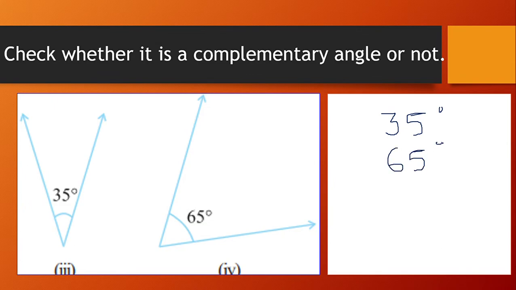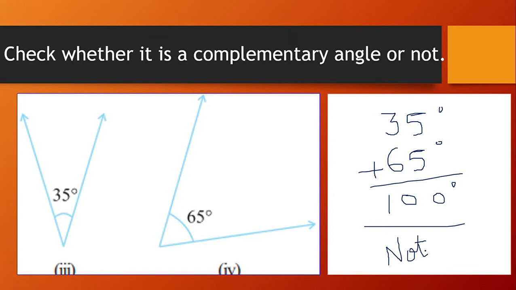If you add both, let's see what the sum is. That means we get 100 degree, right? But we know that the complementary sum is 90 degree, but here it is 100 degree. That means it's not a complementary angle. So these pairs are not complementary angles.